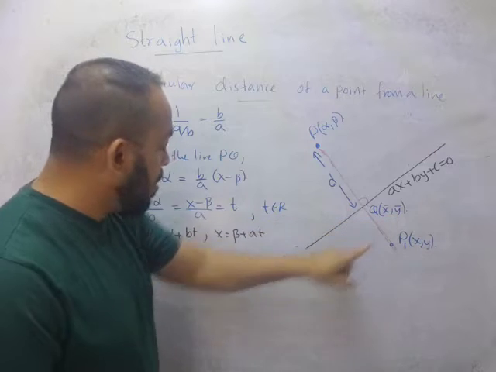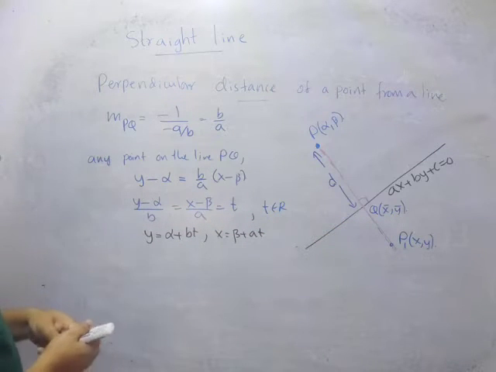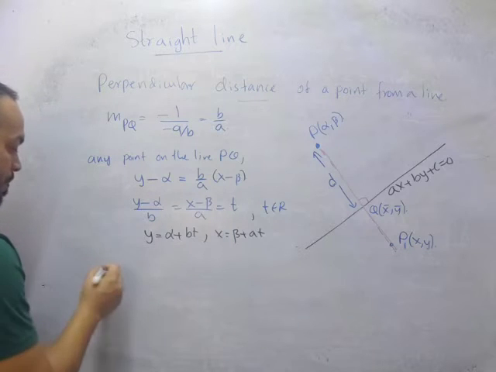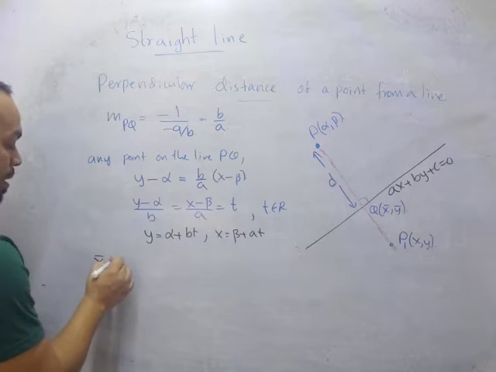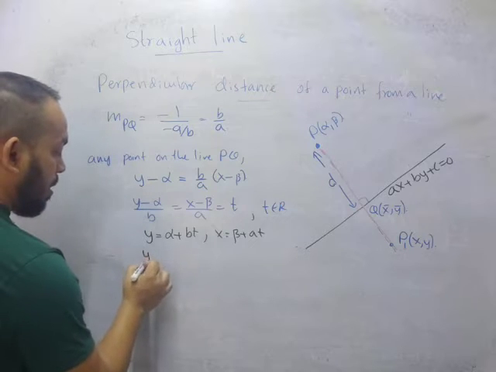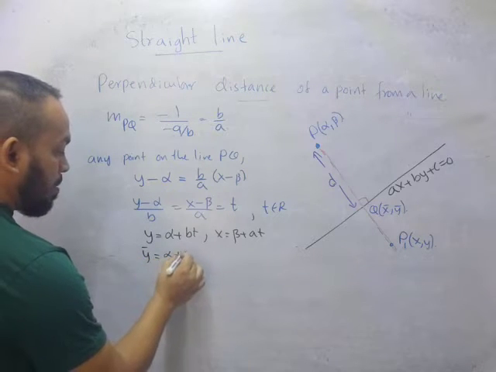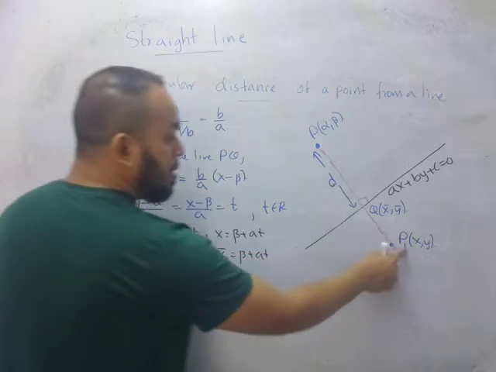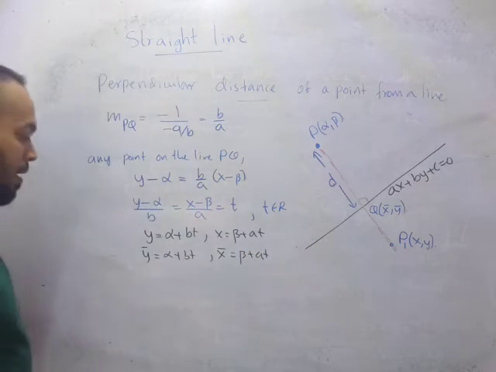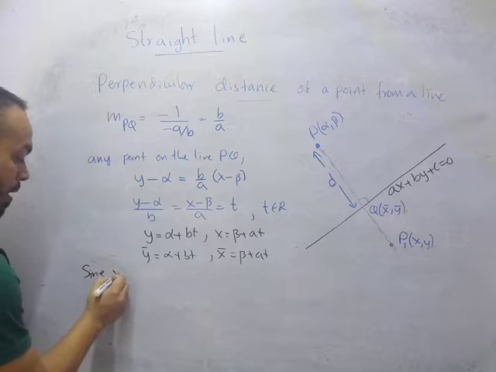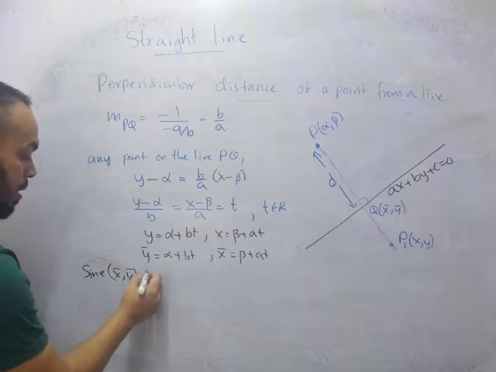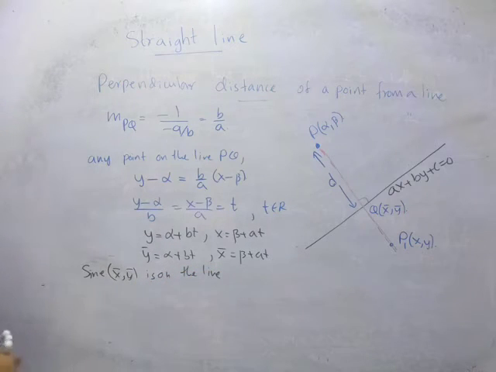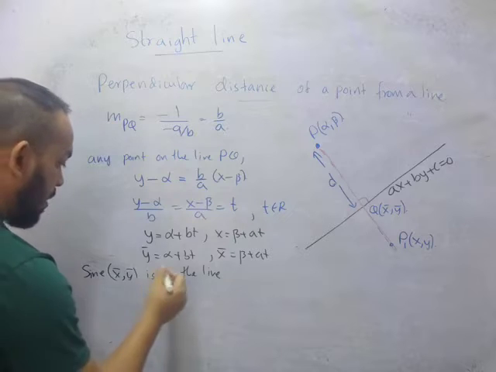The coordinates of Q can also be represented like this: x bar, y bar are beta plus at and alpha plus bt, because this is any point on this line. Since the point x bar, y bar is on the line, it should satisfy the equation. So let's write down the equation.